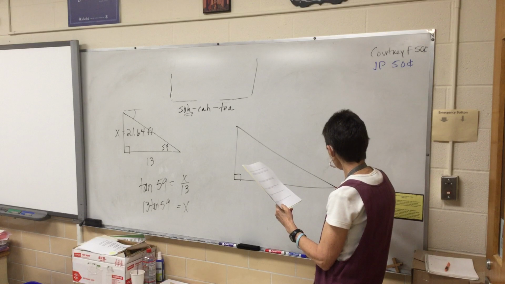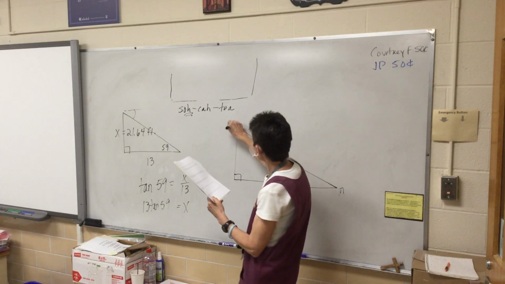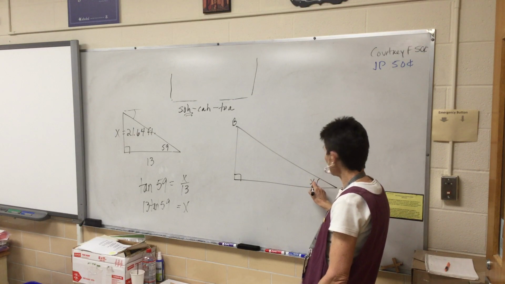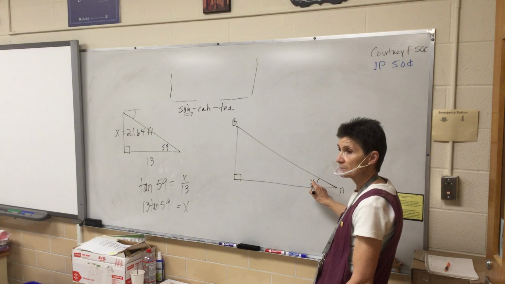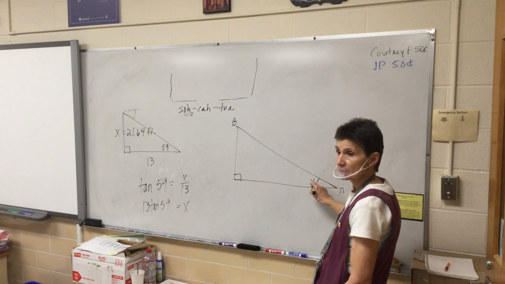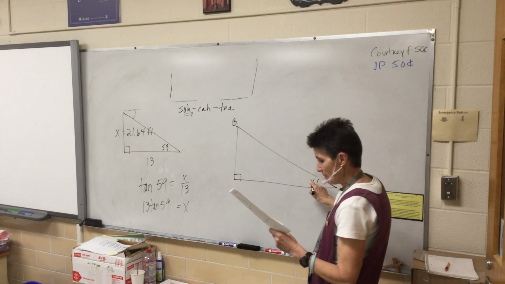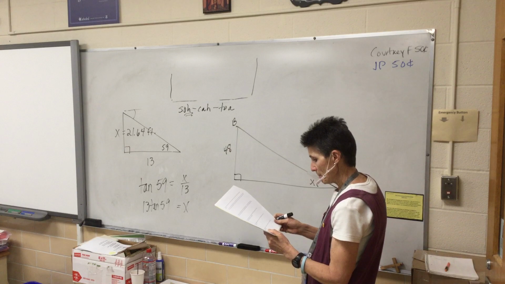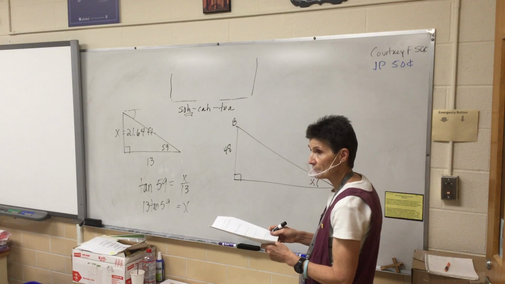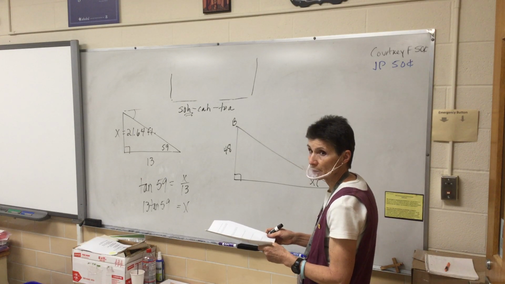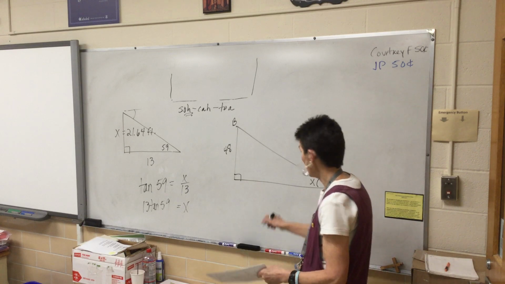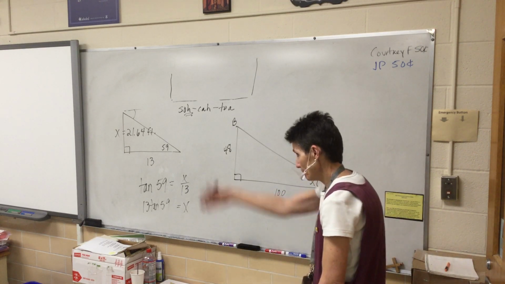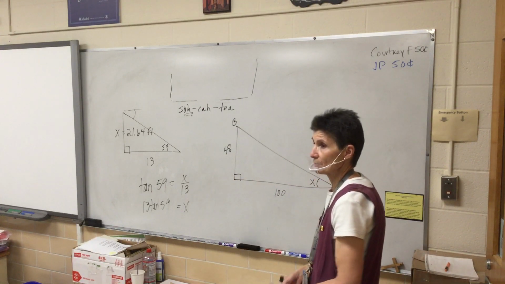So here's the man, and he's looking up at the top of the building, and we want to know the angle of elevation. And the building is 48 feet tall, and the man is standing 100 feet from the building. Where does the 100 go? On the bottom. Measured 100 feet from the building, you would measure it on the ground, right?